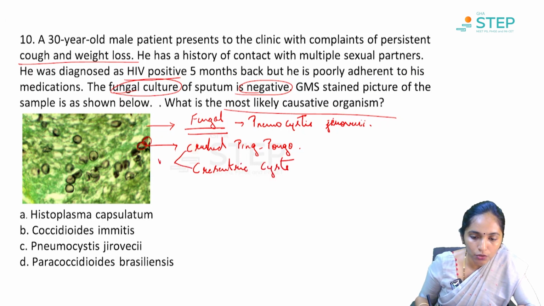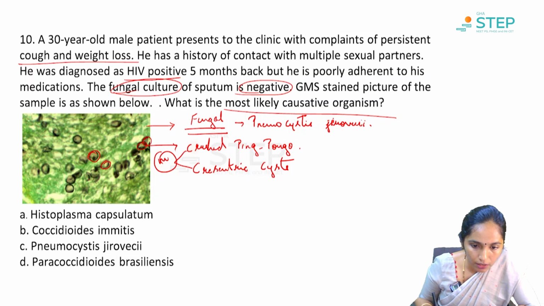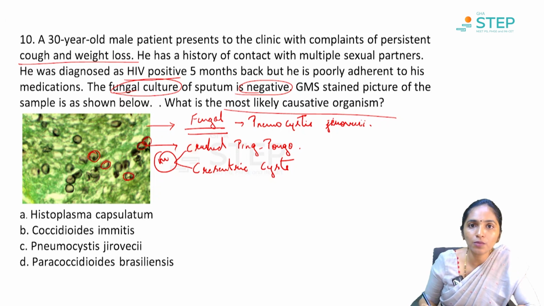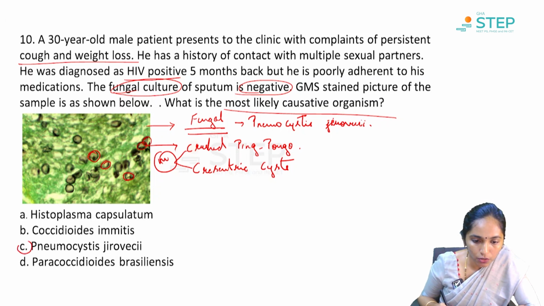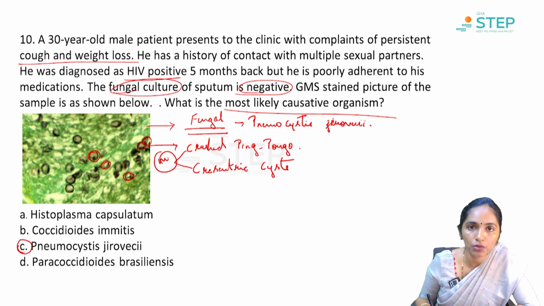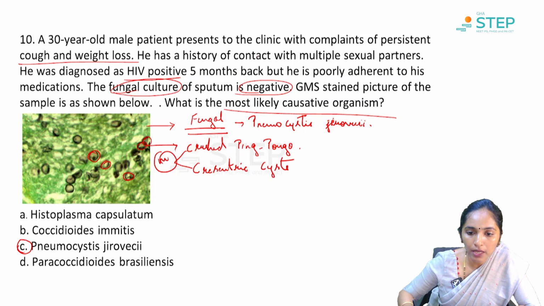These are the two morphologically described forms of Pneumocystis jirovecii. Here we have crescentic forms which are seen. And yes, can we search the same? Yes. So Pneumocystis jirovecii, which produces crushed ping pong ball cysts, is one of the fungi which does not grow on culture media.